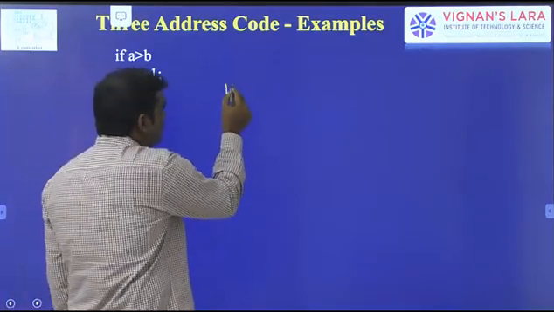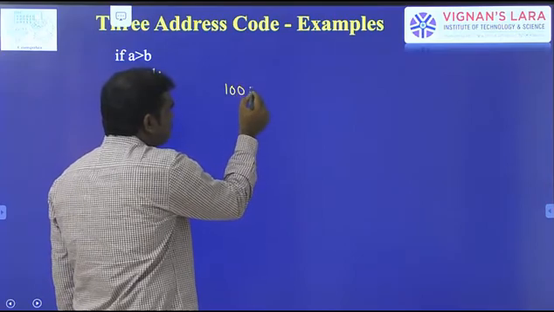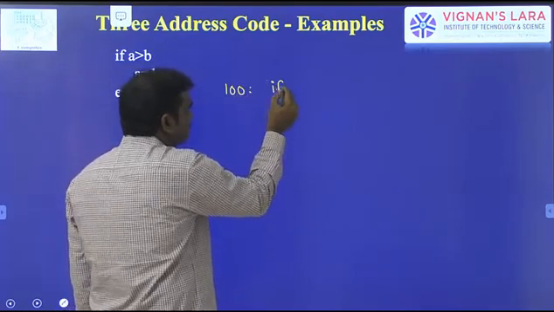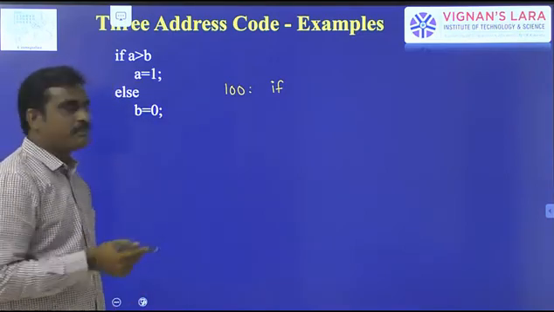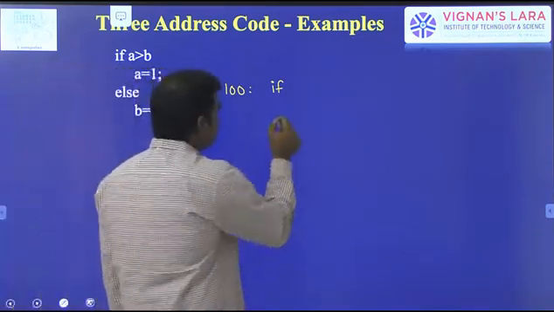Again starts with 100. See, here the syntax is if followed by the condition. What is the condition here?